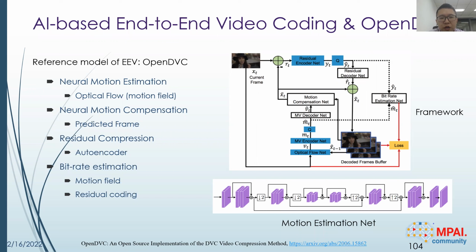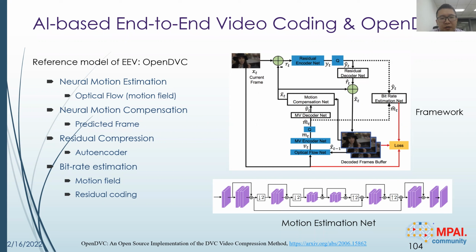It generates the optical flow, or the motion field, between the reference frame and the current frame to be encoded. Subsequently, the generated optical flow is used for motion compensation within fully neural network models. The inputs of that module are the generated optical flow and the reference frame borrowed from the decoded frames buffer.